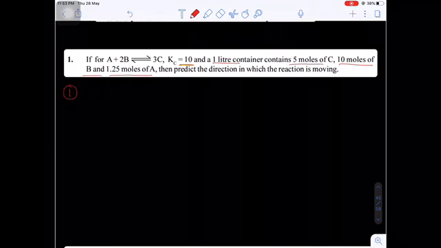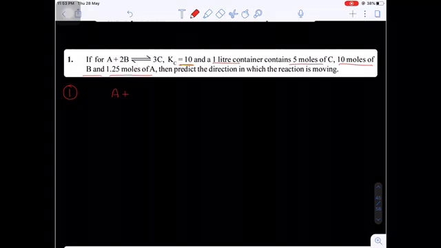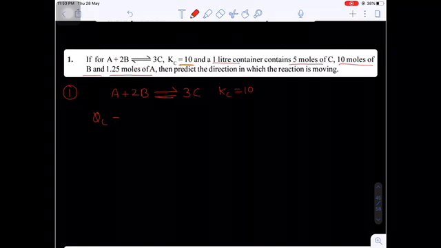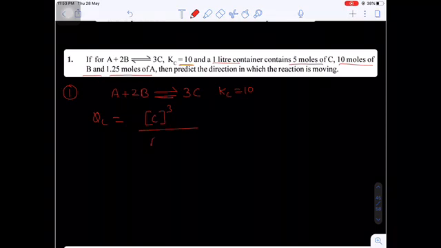First of all, write the equation A plus 2B equilibrium 3C. The Kc value given is 10. Now write the Qc expression just like a Kc expression: concentration of C to the power 3 divided by concentration of A multiplied by concentration of B to the power 2.